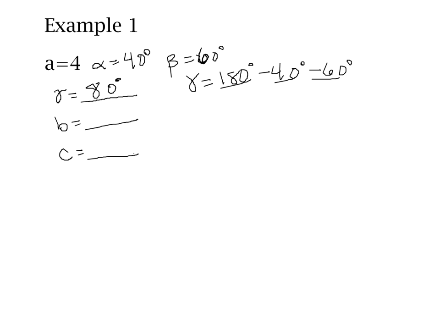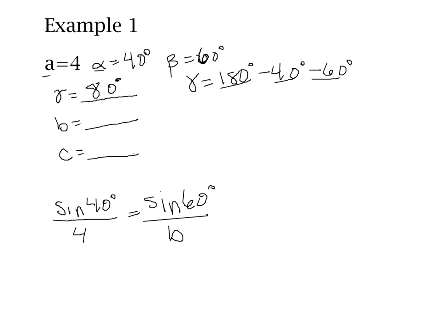Okay, to find side B, what I'm going to do is set up a ratio. So sine 40 over 4, because that's alpha and A, is equal to sine 60 over B. So beta and B go together.